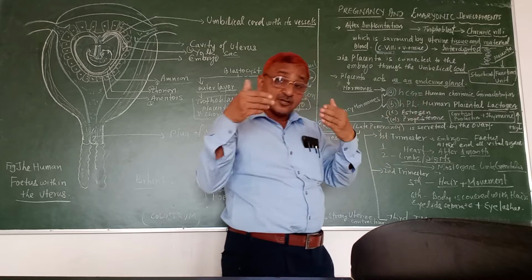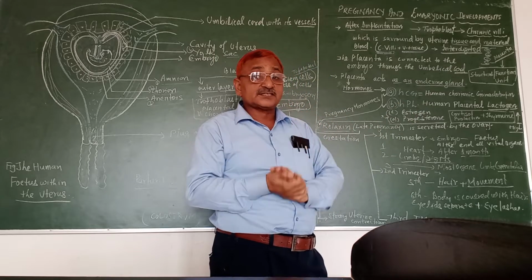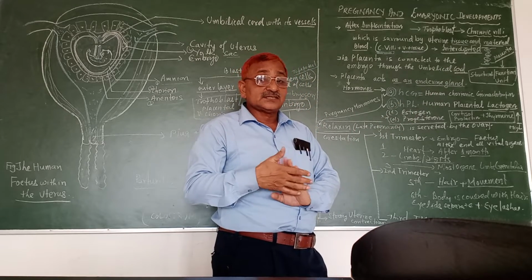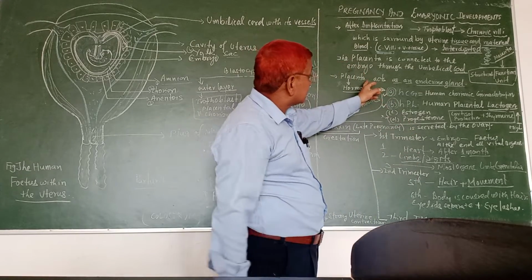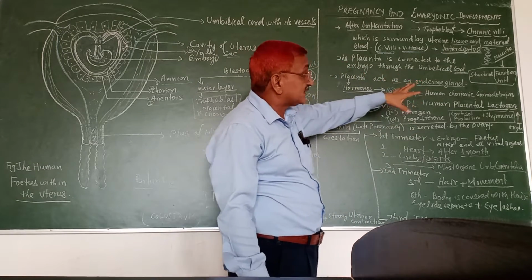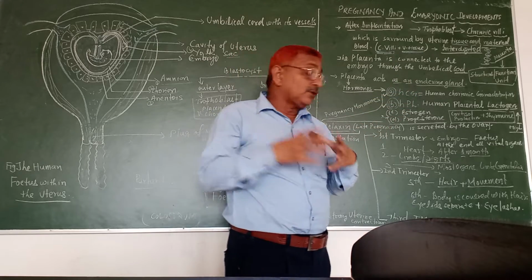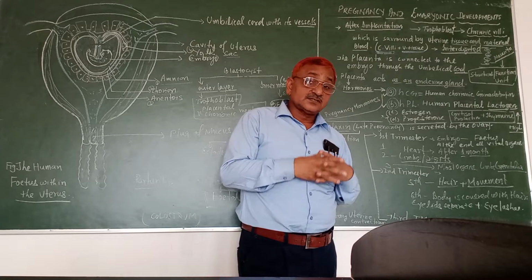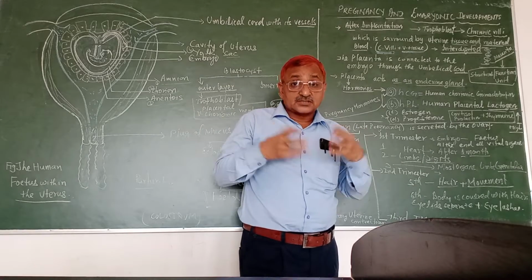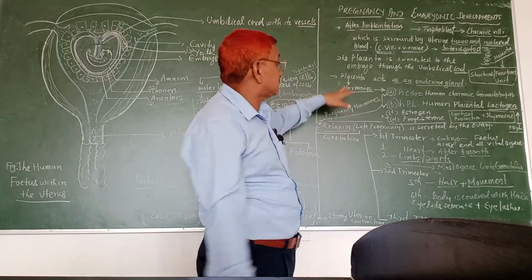So it is the umbilical cord, which is a vascular connection made up of blood vessels, arteries and veins. Through the umbilical cord, the placenta forms the functional and structural unit of the fetus for nutritional support and waste disposal.